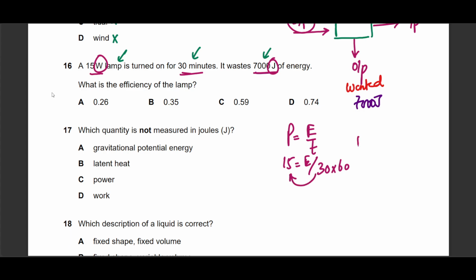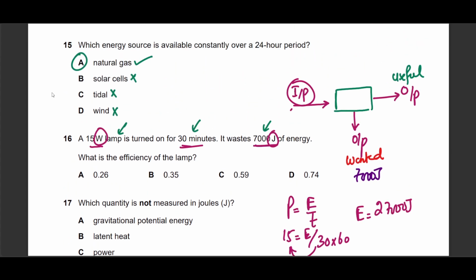Bring this over here. So the energy comes out as, let me just figure this out for you. So this is 15 multiplied by 30 multiplied by 60. This is 27,000. So this comes out as 27K. So the machine is taking in 27,000 joules of energy.